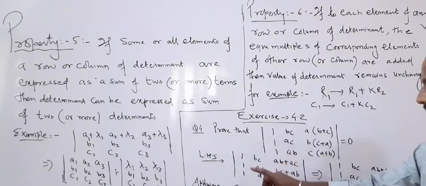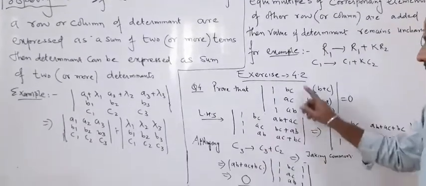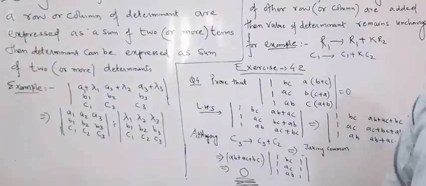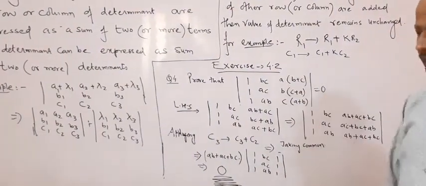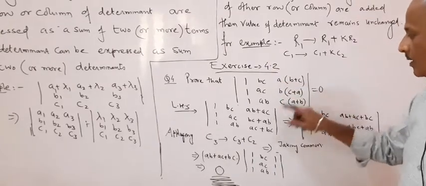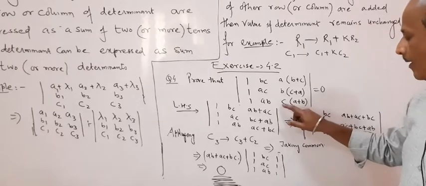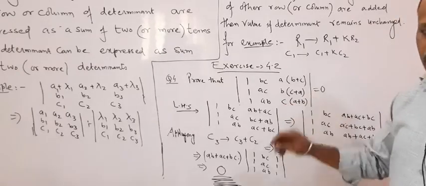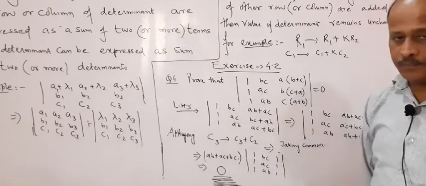Don't touch column 1, leave it as it is. Column 2 also leave as it is. But in column 3, use the distributive property. So the elements will be like this: AB plus AC, BC plus AB, AC plus BC. What I did, I used the distributive property. This is your step 1.